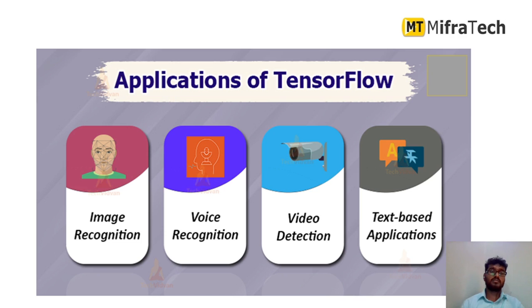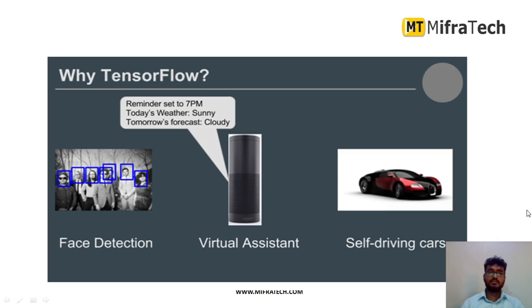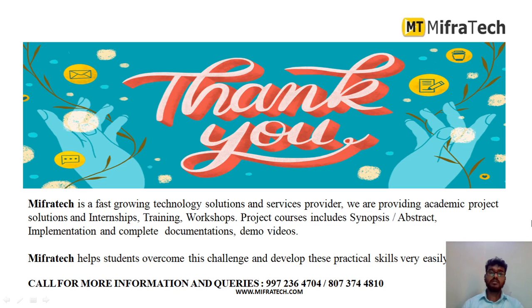So as I told, image recognition, voice recognition, video detection, and text-based applications are the different applications where you can use TensorFlow. You can see face detection and all those things done using TensorFlow, also in virtual assistants, for example Google Assistant and Siri. In those applications, and in self-driving cars also, you can make use of TensorFlow. Thank you.